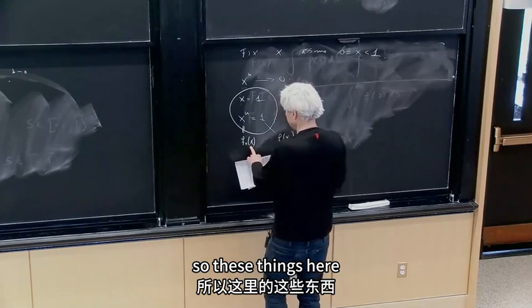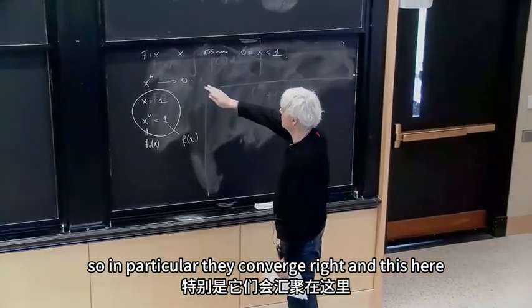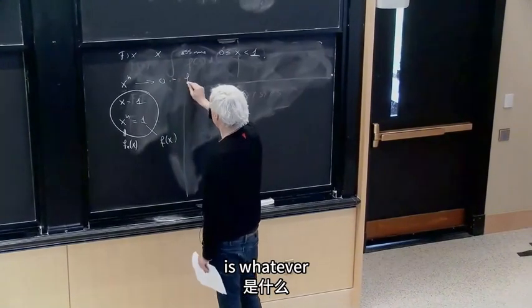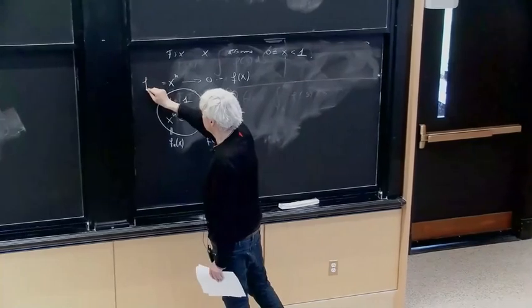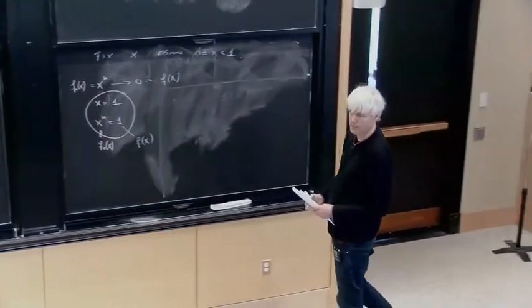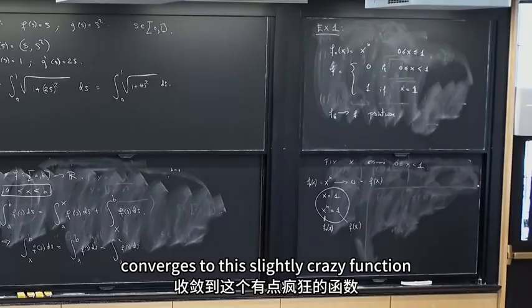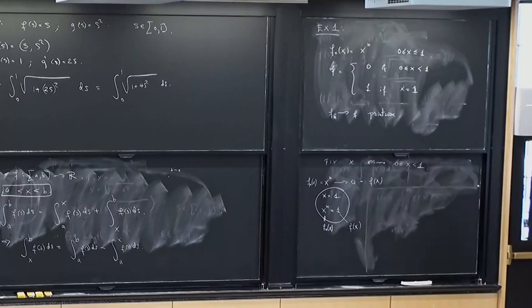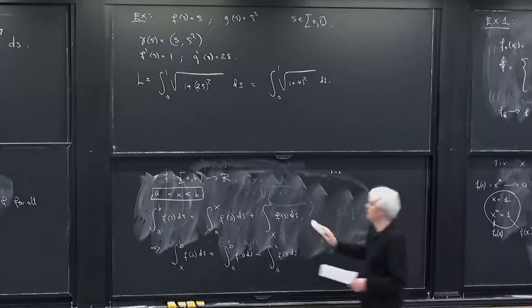They're actually equal, so in particular, they converge. Right? So you have that this sequence of functions converges to this slightly crazy function. Okay, so that's the first example. They converge pointwise.